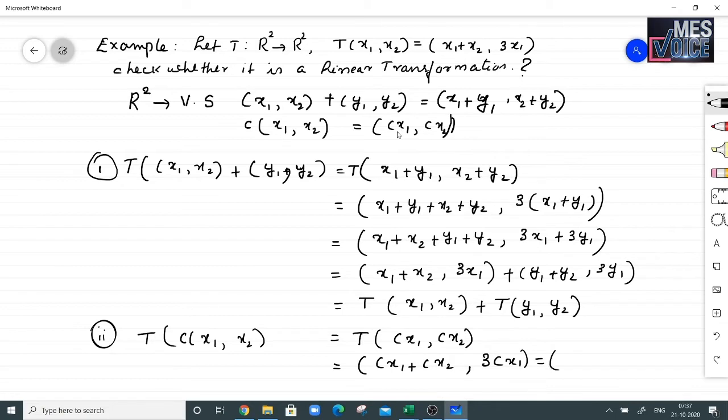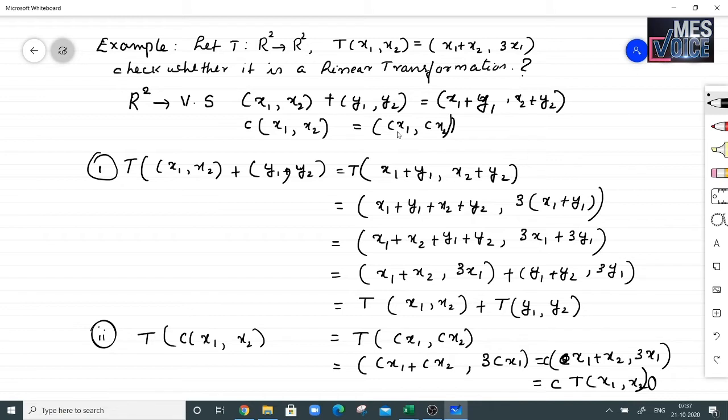This also can be written as c into (x1 plus x2, 3x1). This is equal to c into T of (x1, x2). That is T of c (x1, x2) is equal to c into T of (x1, x2).